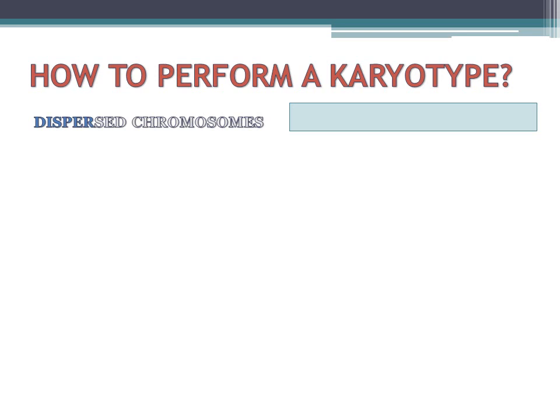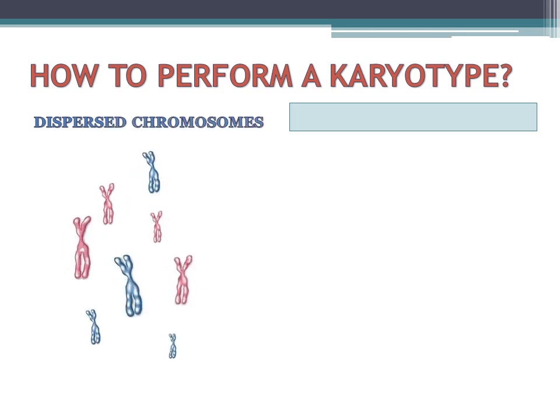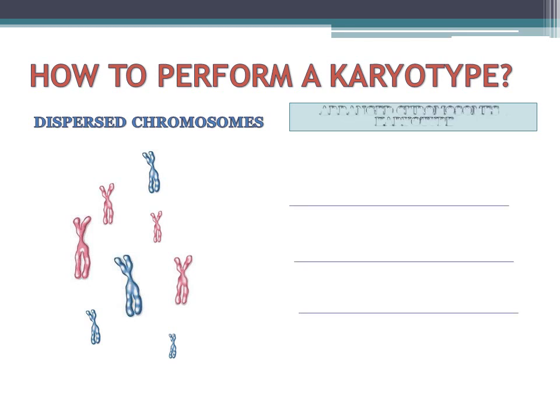Finally, this is an application about arranging chromosomes into a karyotype. We have 8 dispersed chromosomes which must be arranged into a karyotype according to decreasing size from tallest to shortest, and to same position of centromere and similar banding pattern.